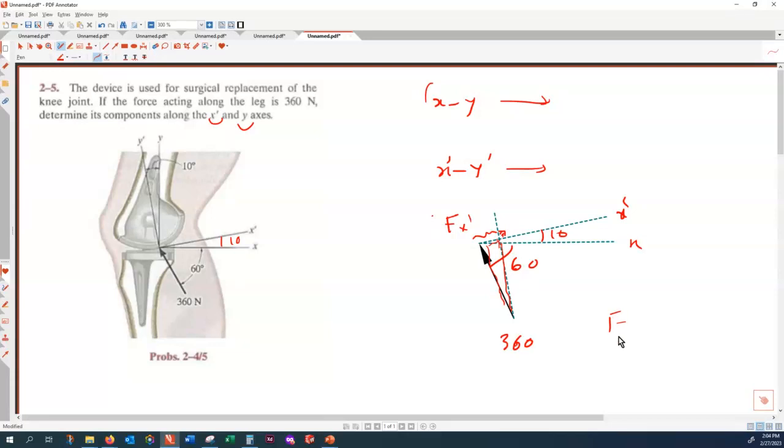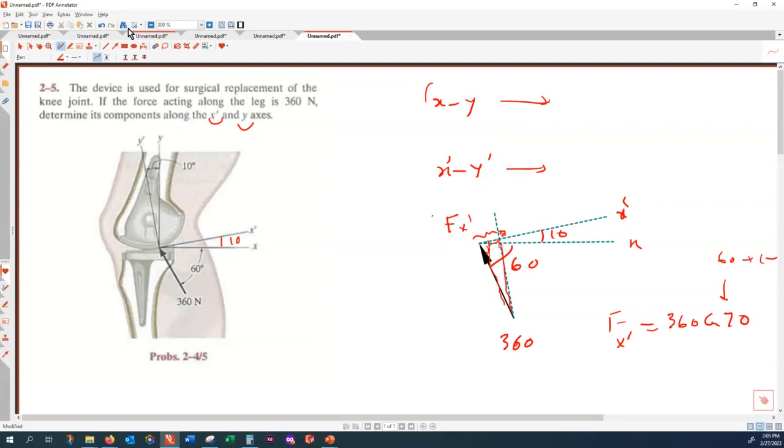And fx prime is the hypotenuse multiplied by the cos of this angle. Cos of this angle is 60 plus 10, 70. So that is 360 times cos 70.